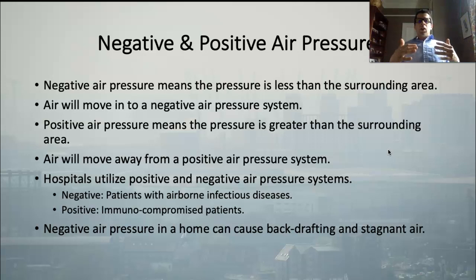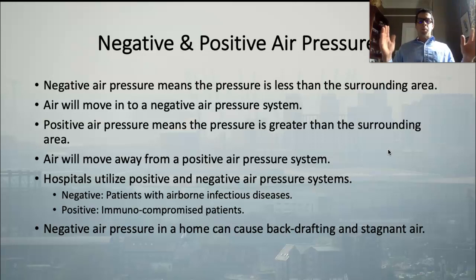If we have negative air pressure in a kitchen because we have a huge range hood that's moving way too much air and we don't have makeup air being provided, air is going to move into that. Potentially from gas-fired appliances, we could be drawing exhaust in, and that's going to be replaced.